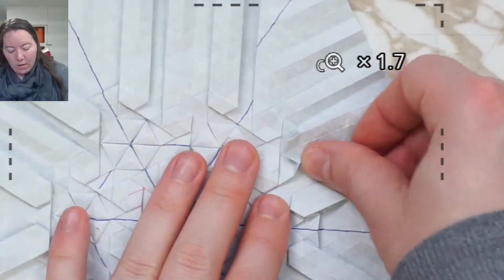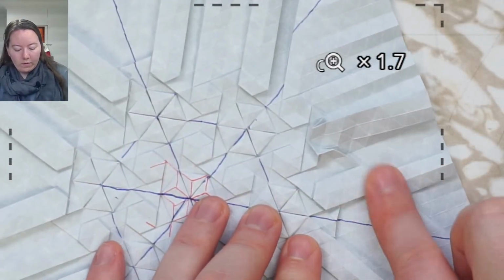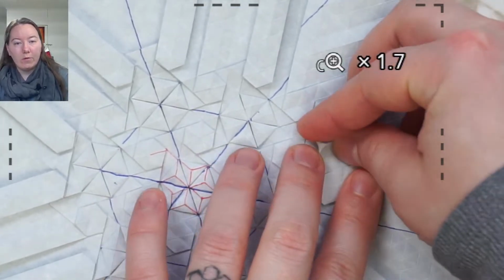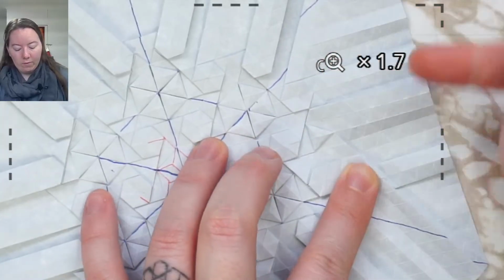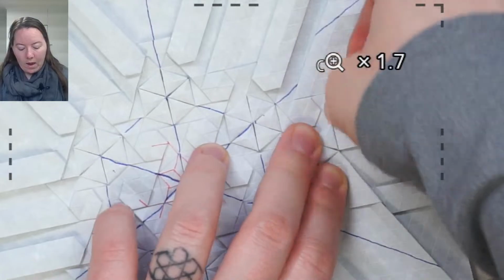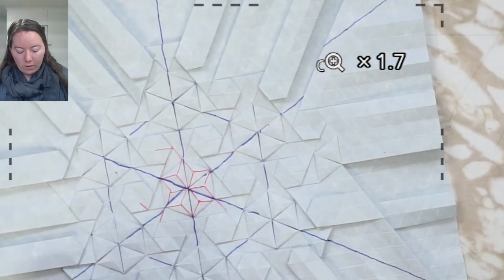And I'm going to somewhat less than arbitrarily decide that the one that has the pleat overlaps on it is going to be the one I squash first, so that I'm not flipping that plate back and forth more than I have to. And then the second triangle can squash.